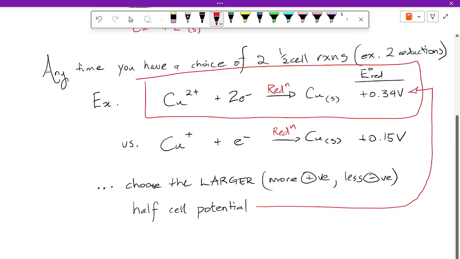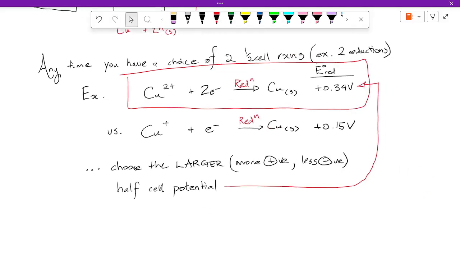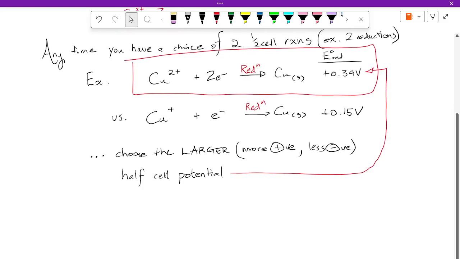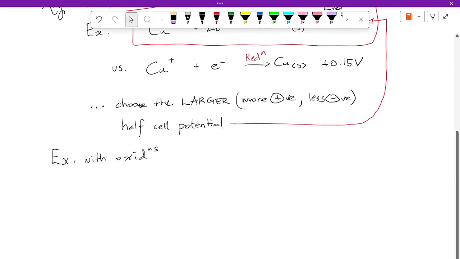Okay, and I'm going to give you one where we have two oxidations that both start with the same thing, but I'm going to write them the same way as they are written on your table. So we have copper plus 1 plus an electron.